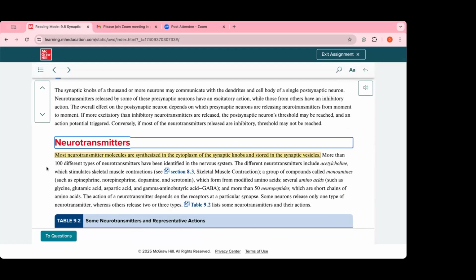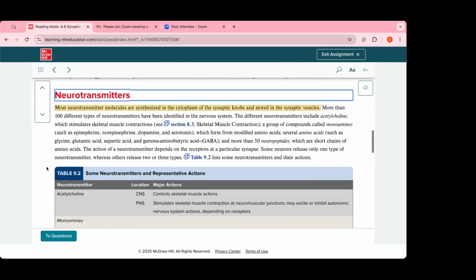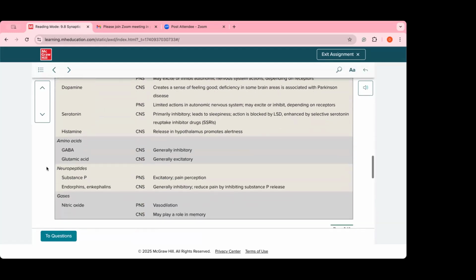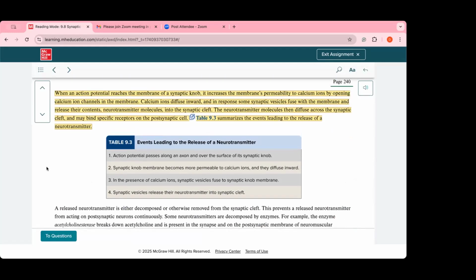Okay, go down below the table. When an action potential reaches, it increases the membrane's permeability to calcium ions by opening calcium ion channels in the membrane. Yeah, that's calcium ions. Calcium ions diffuse inward.